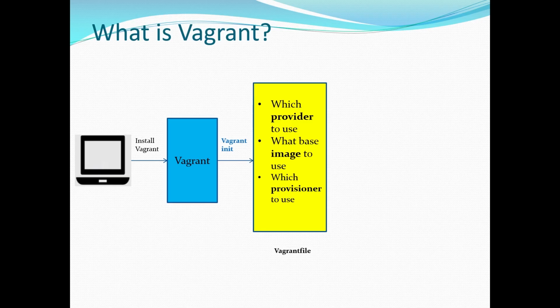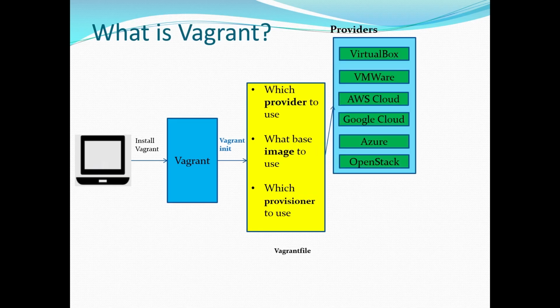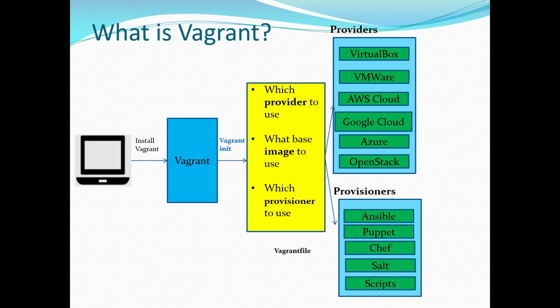By provider, I mean VirtualBox; it can be VMware, AWS Cloud, Google Cloud, Azure, or OpenStack. And then which configuration management tool will you use? We have learned about one configuration management tool just now, that is Ansible. So the provider will be VirtualBox to create the VM, and we will run Ansible for configuration management on the VMs.